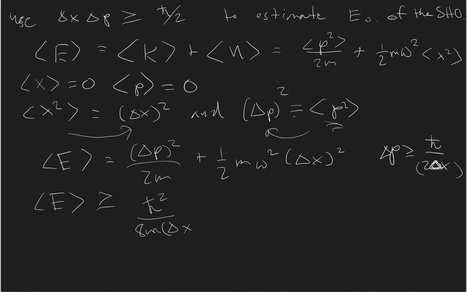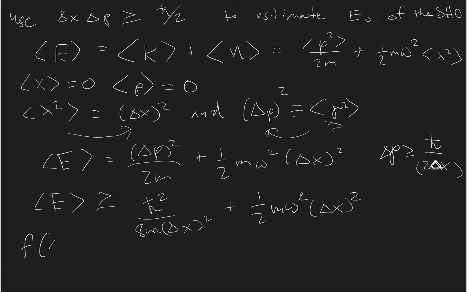So we have h bar squared over 8m times the variance of the position, plus 1/2 m omega squared delta x squared. And we can now find the value of delta x, the uncertainty of x, that should minimize the expression for the energy.